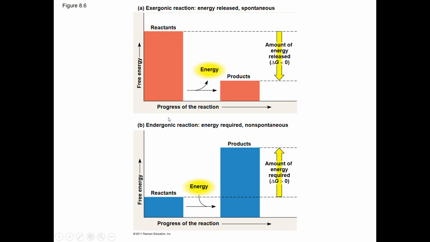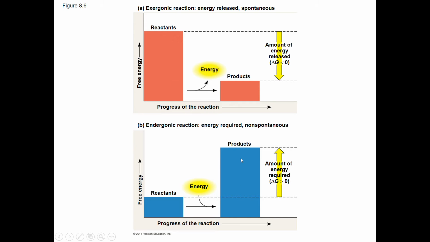All right, and so if we look at what this could look like graphically, because of course graphs are a great way to model energy changes over the course of a reaction, you can see that an exergonic reaction has a higher energy reactant and a lower energy product. And so the amount of energy difference between the reactants and the products, that's going to be your delta G. Endergonic reactions are the opposite.